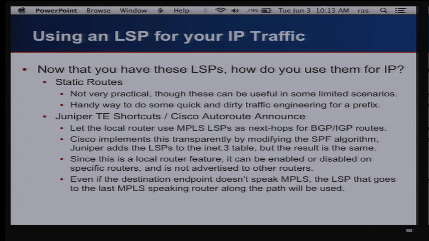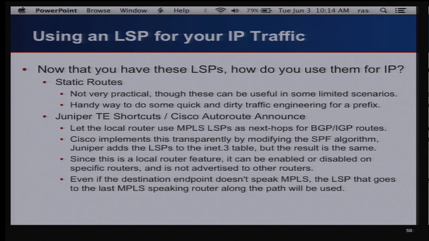So really what you want is protocol extensions that let you take your normal IGP or your normal BGP, and instead of doing only a routing lookup, it now says I can use my LSPs as a resolution for my next hop. So it lets the local router use the LSPs. Cisco does this transparently by modifying the SPF algorithm.